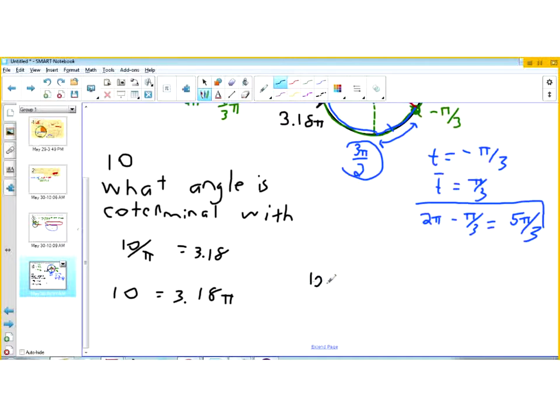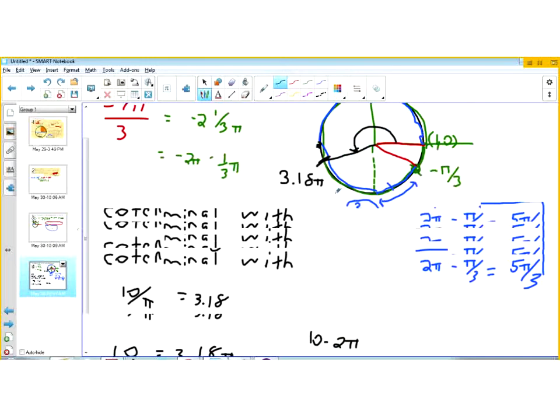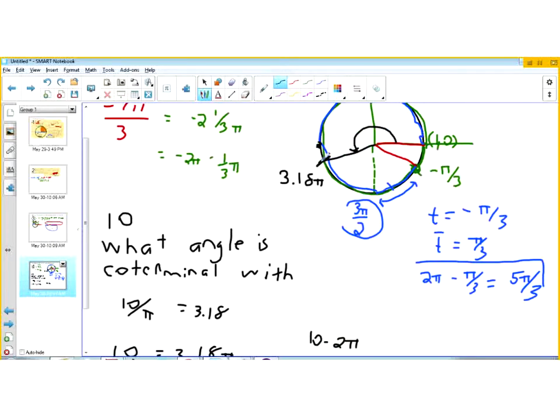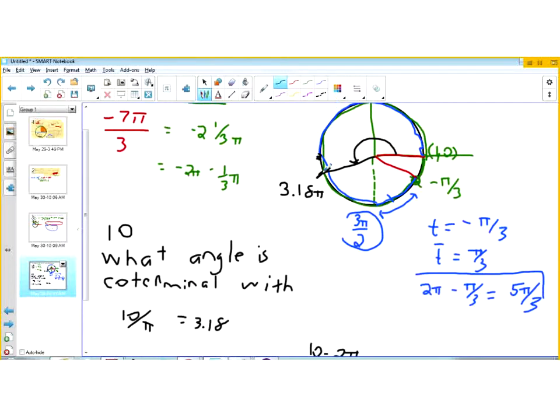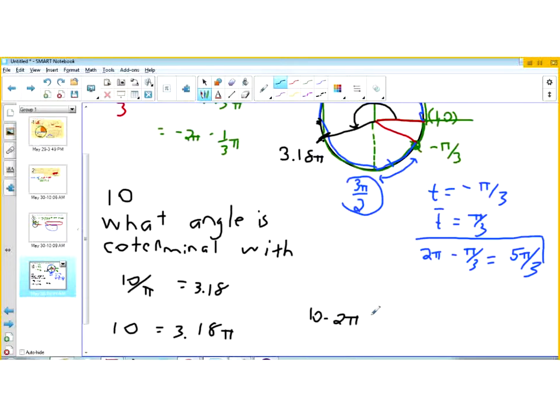So what if we considered 10 minus 2 pi? Now, why did I use 2 pi? Because if I stay here and subtract off 2 pi, then that means I go clockwise one time around from this point. So go clockwise one time around and I'll be coterminal with it.